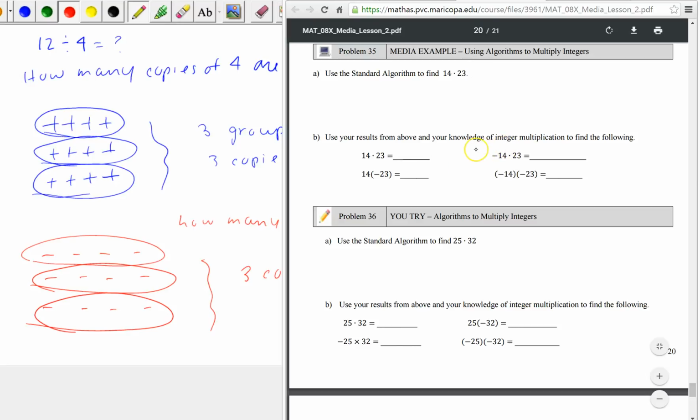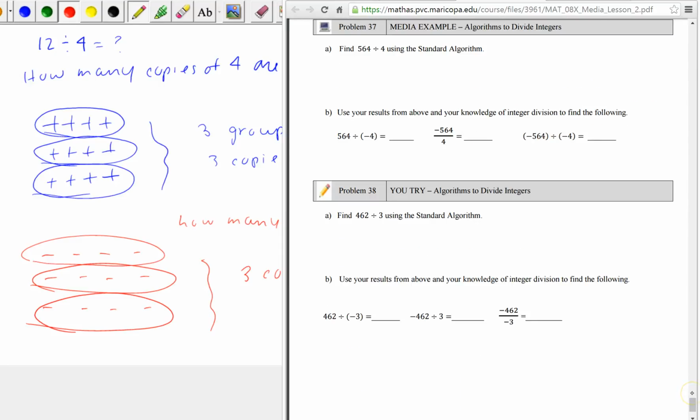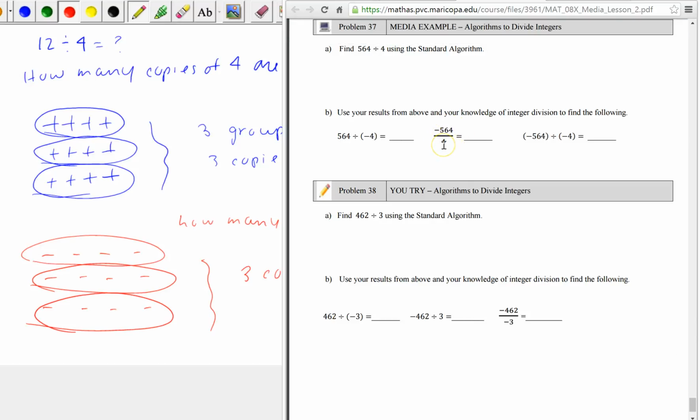In these two cases, my answers are negative. Okay, and putting these together helps them make that connection. Same thing with division. Divide the positive values, and then the other values will have the same result, just the sign may be different or not, depending on the signs of the original numbers. Also notice we have a fraction example here.